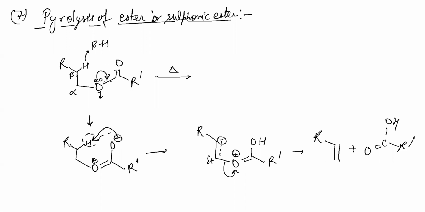See, this lone pair undergoes resonance, and this oxygen, this circled oxygen, gets negative and this negative pulls this H off.